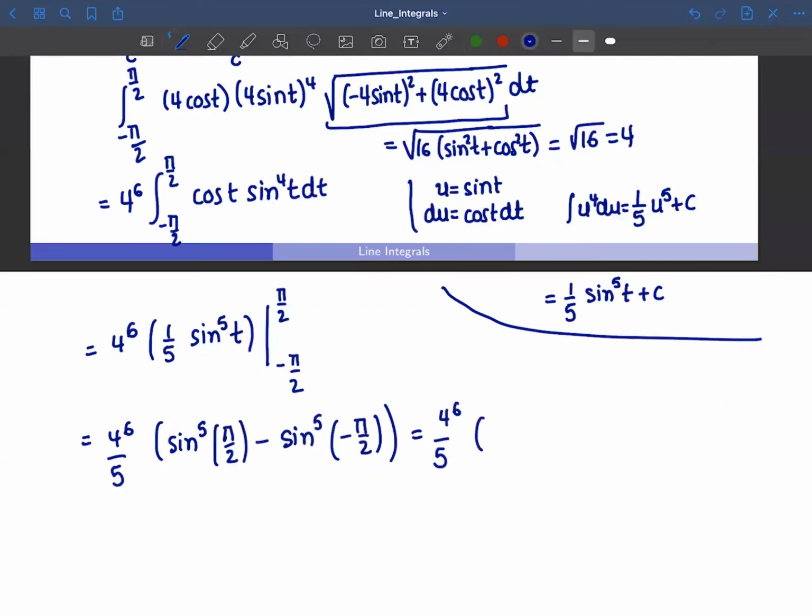And then sine to the fifth of pi over 2 will give us a 1, minus sine to the fifth of negative pi over 2 will give us a negative 1. So that in total is equal to 2 times 4 to the sixth divided by 5. And if we compute that with a calculator, this is equal to 1638.4.